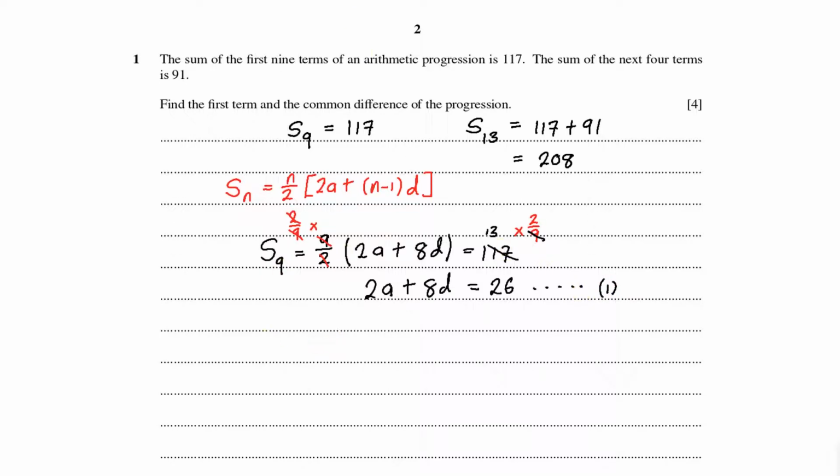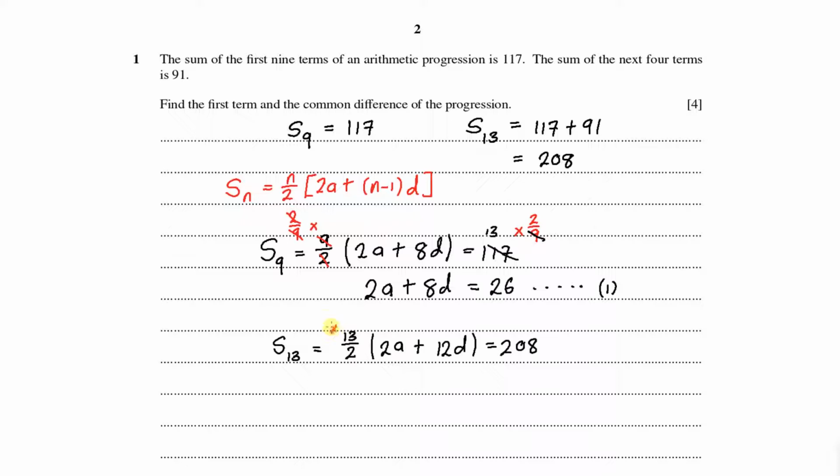We've also been given that the sum of the first 13 terms is 208, and from the formula, that's going to be 13 over 2 of (2a plus 12d). And this is going to be equal to 208.